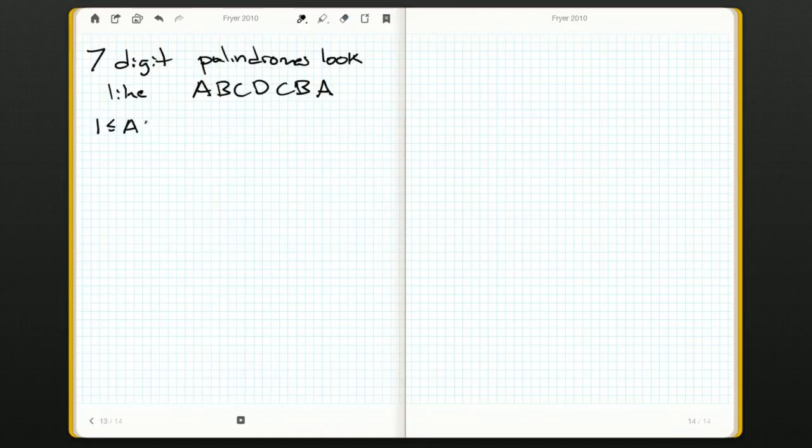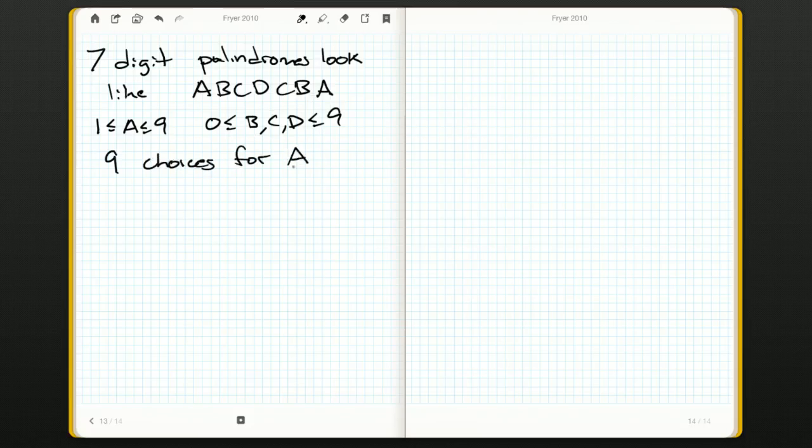And we know that A can't be 0, but B, C, and D certainly can. And any of the other digits will suffice. Right, so we can have 1, 0, 1, 2, 101, for example, something like that. Now our choices of A, B, C, and D, they're all independent of each other. All we really need to do is make sure that A isn't 0.